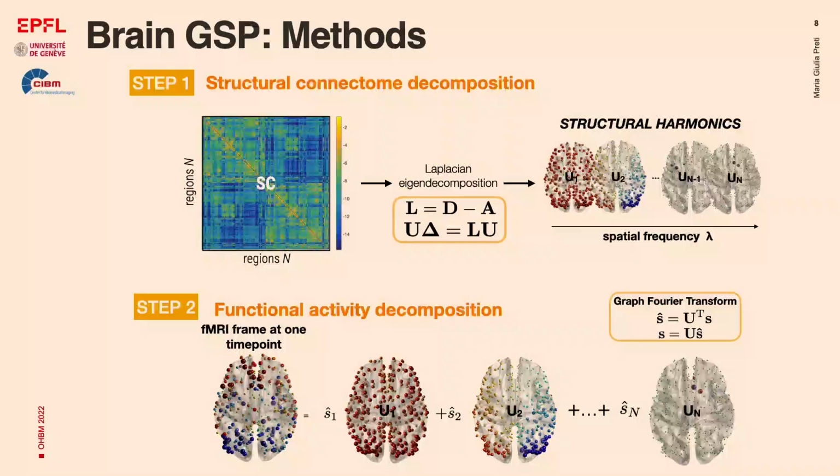So this is an equivalent of the Fourier transform in conventional signal processing terms, because as you all know, in the Fourier transform, you take a signal from the time domain to the temporal frequency domain. Here, instead, we go from the space of the graph, so from the nodal domain, to the graph spectral domain. So we decompose the graph in its spatial frequency in terms of structural component in this case.